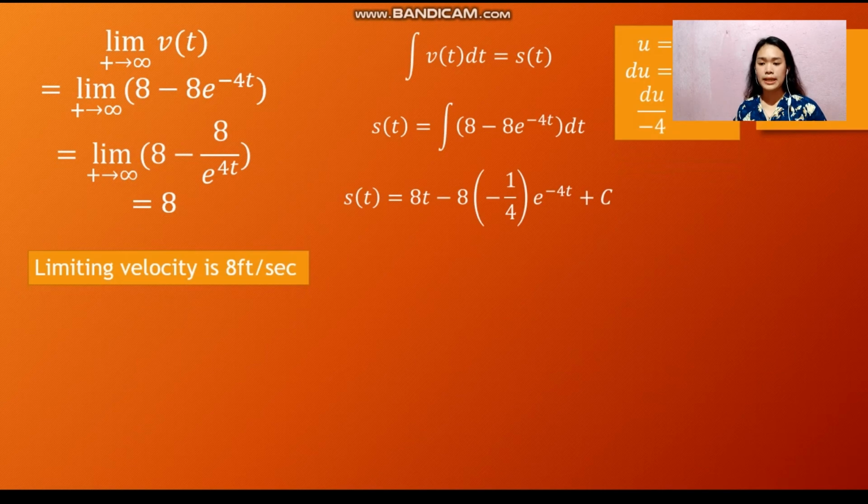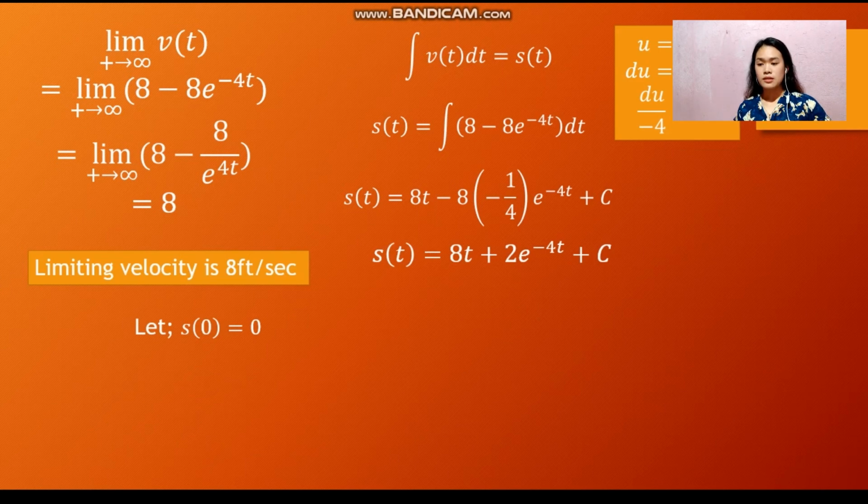So, yun yung i-multiply natin dito. Ngayon, makukuha na natin yung position ng ball and makukuha na din natin yung time na makukonsume ng bola para mag-hit sa mismong ground.